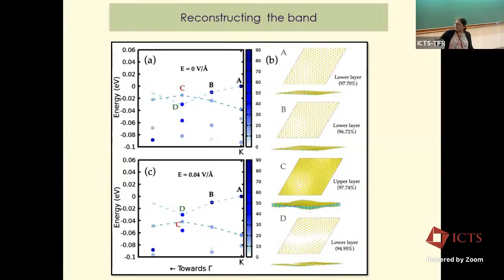For instance, I'm considering a very rigid band picture as I'm changing the carrier concentration, but there could be redistribution of the carriers. So I'm just giving you a view that some aspects of the physics seem to be captured. There are doping related issues where you could have charge density waves or spin density waves and other things. I think using this as a starting point to go beyond. That's my personal view.